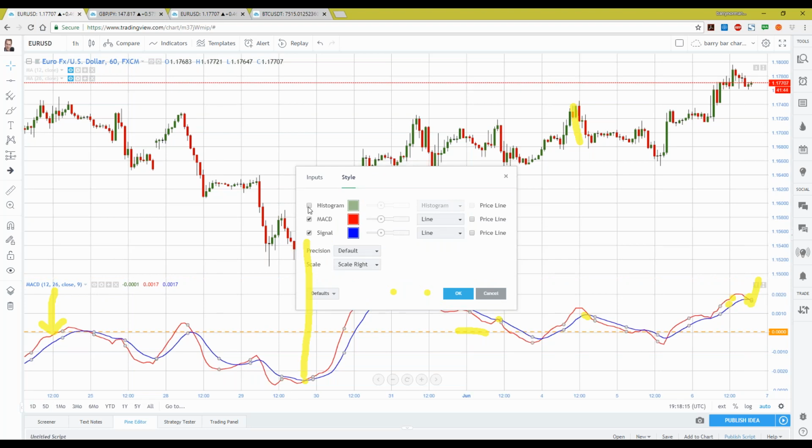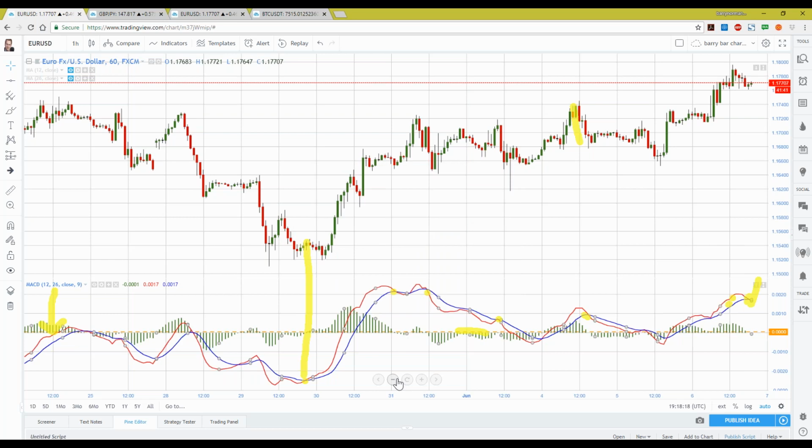The histogram is simply a bar chart showing the difference between the MACD line, the red line below, and the blue line, the signal line or the trigger line. So when they cross over, the histogram is always at zero, because when the lines are equal and you subtract them from each other, they are at zero. When the histogram crosses the zero line and climbs up, it's giving us a buy signal. When it crosses over and under, it's giving us a sell signal.